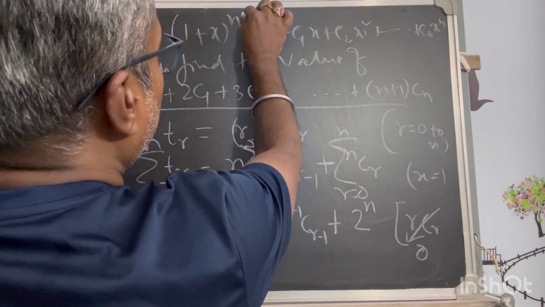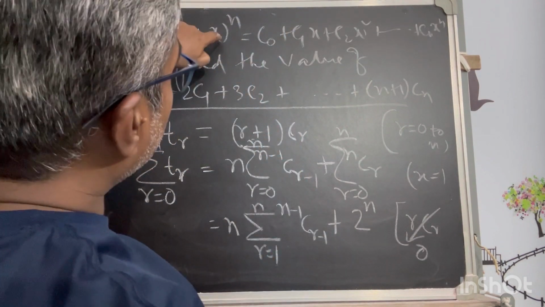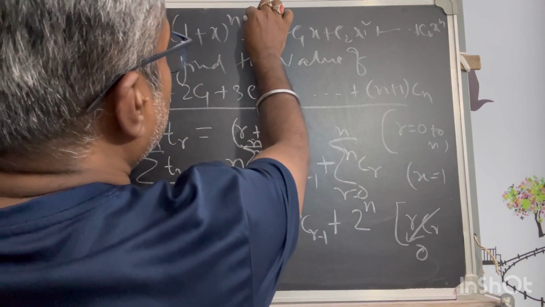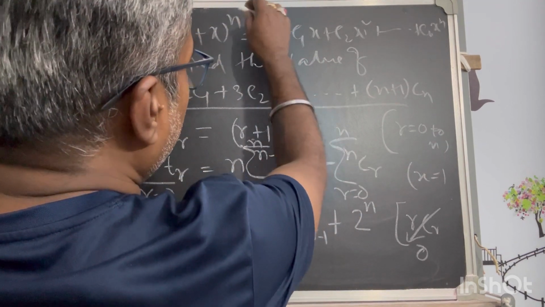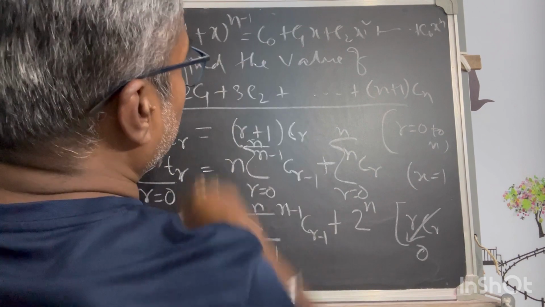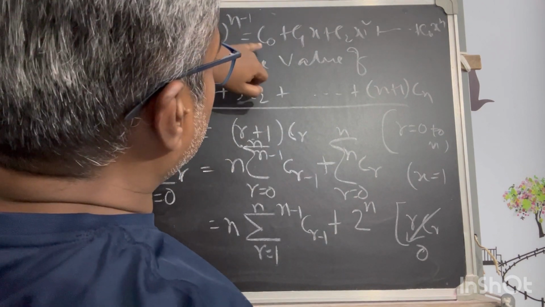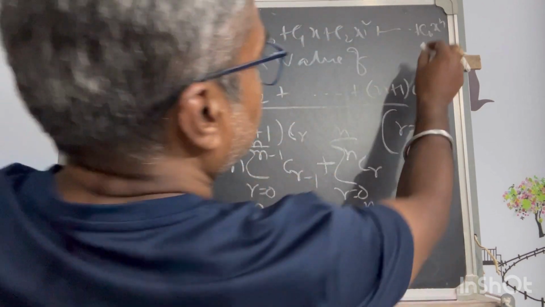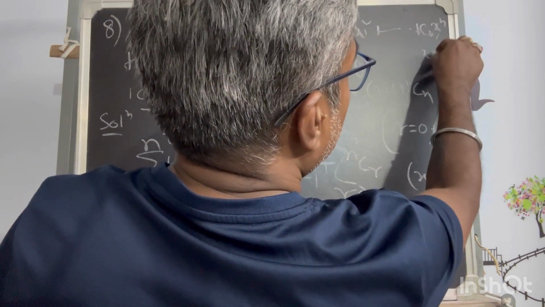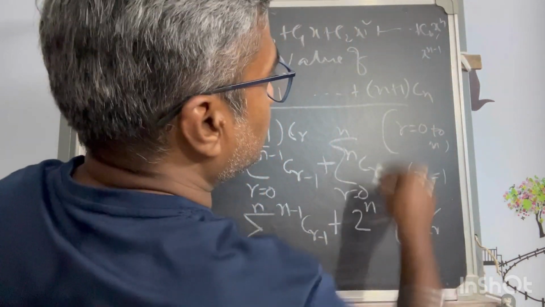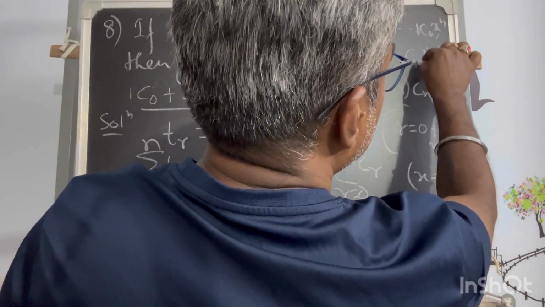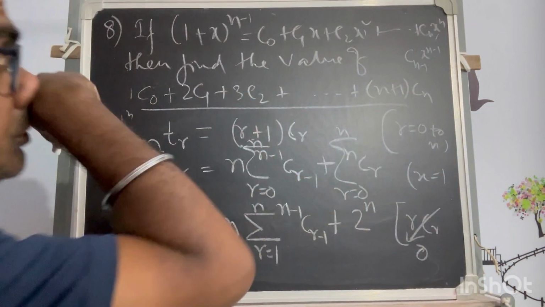So if I put r equal to this series, instead of n, if I put n minus 1, what would be the case? This x will become x minus 1, and this Cn will become Cn minus 1, isn't it?